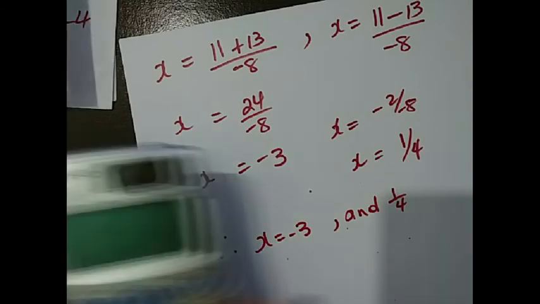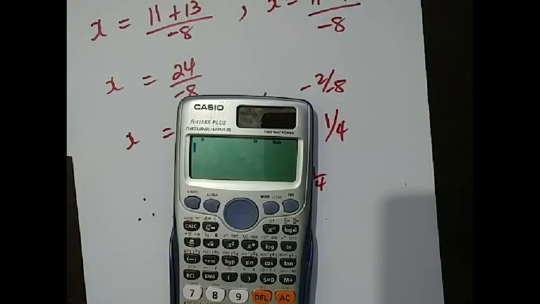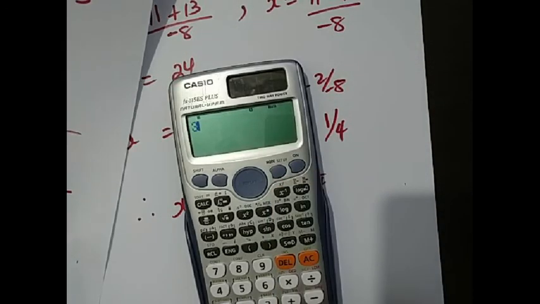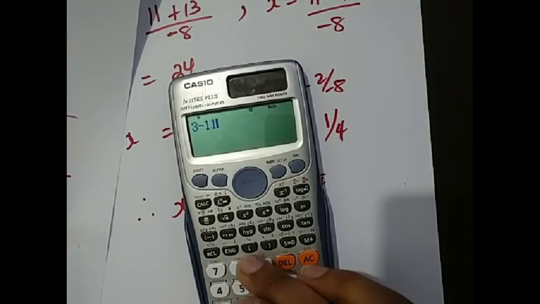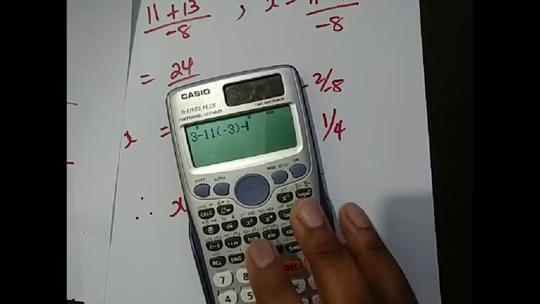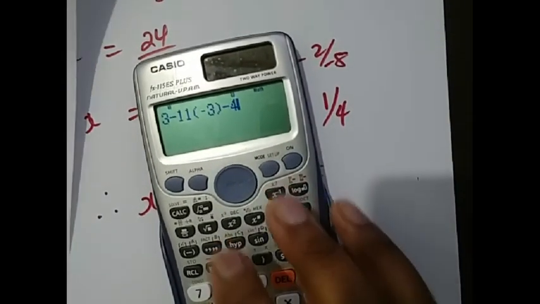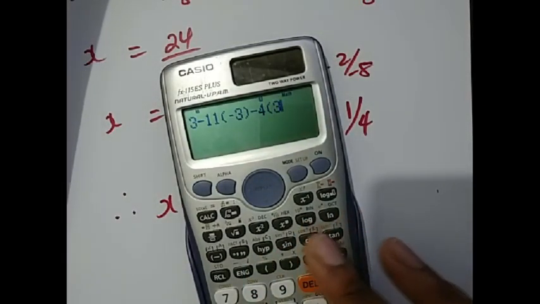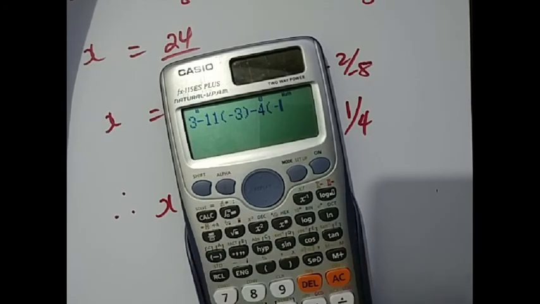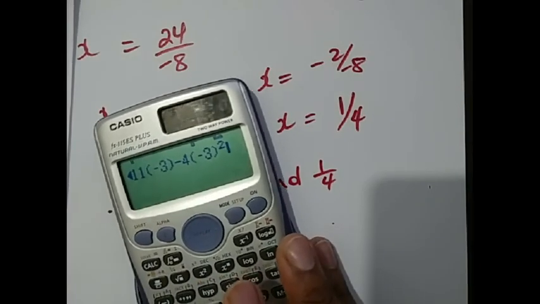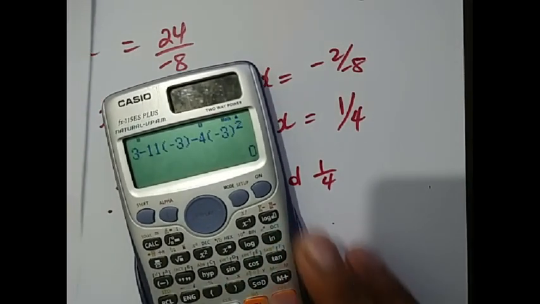And we can test to see if the answers we have gotten have solved the question. Let us test it here. 3 minus 11 times negative 3 minus 4 times negative 3 squared equals, and we get our 0.